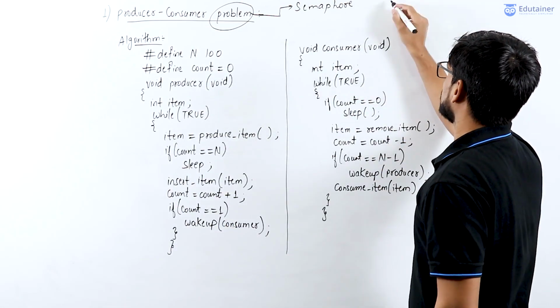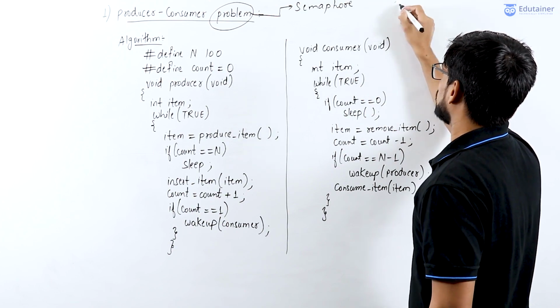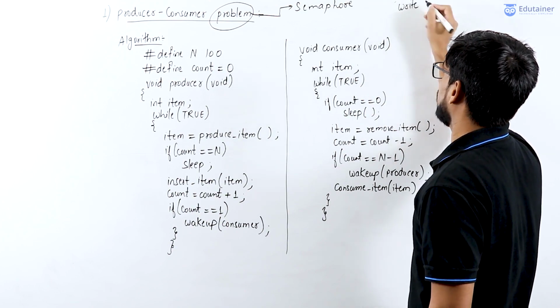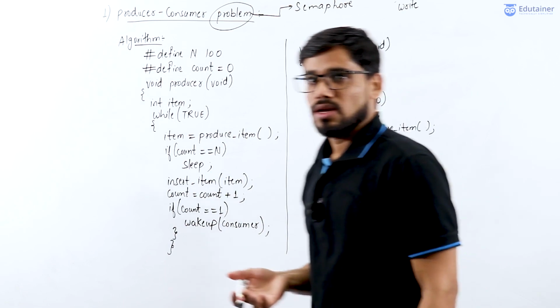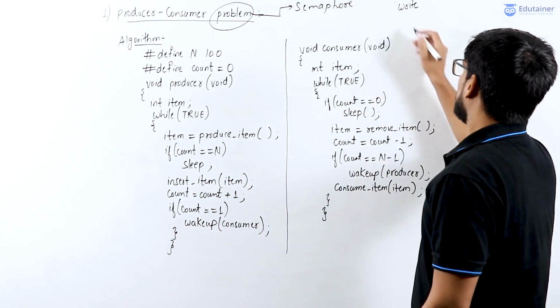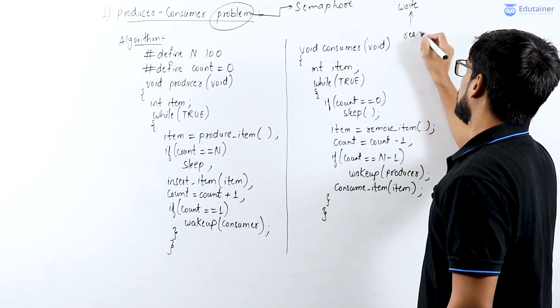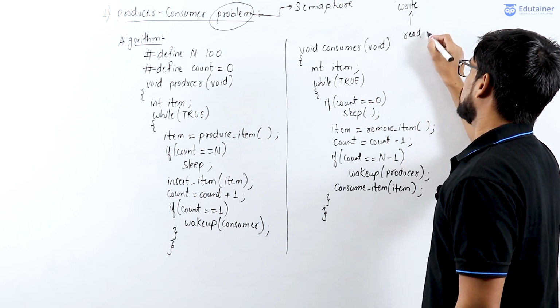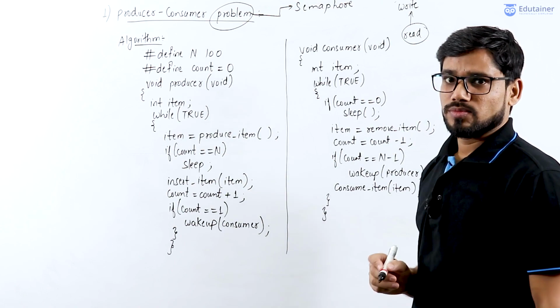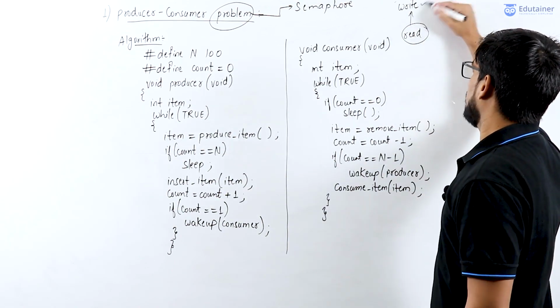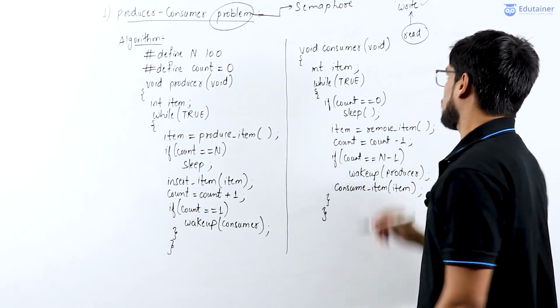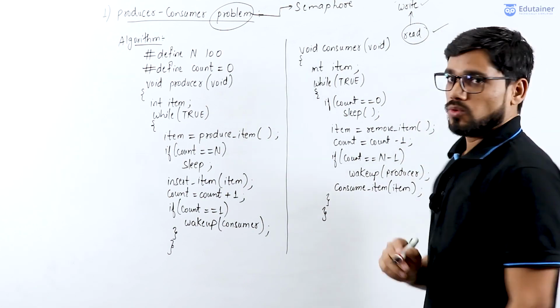In computer science, generally whenever a process writes on some file or other resource, it is called a producer, and the process which reads from what the producer wrote is called a consumer. So the process which writes is known as the producer, and the process which reads is known as the consumer.